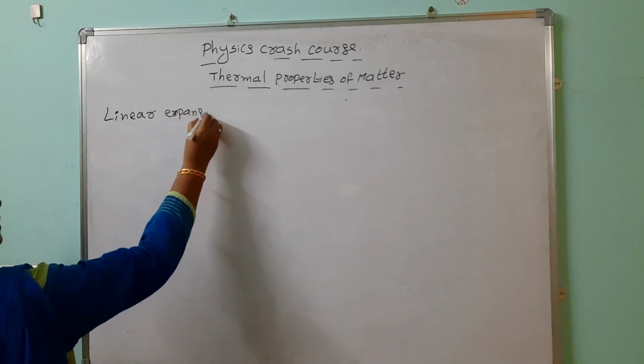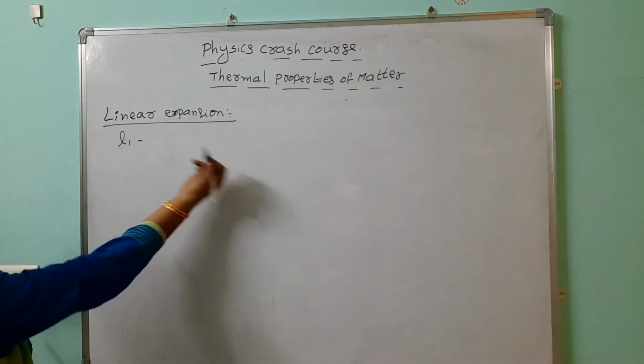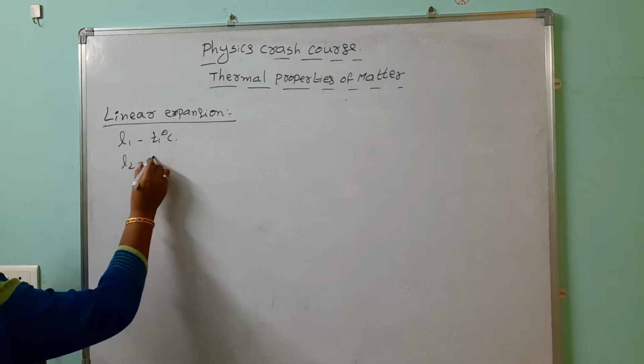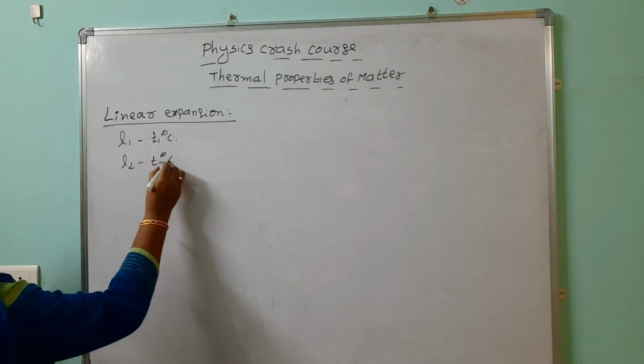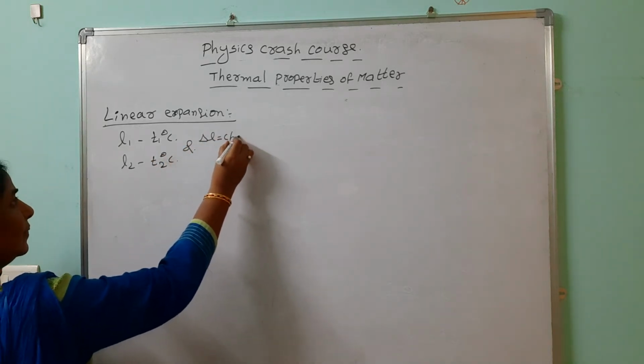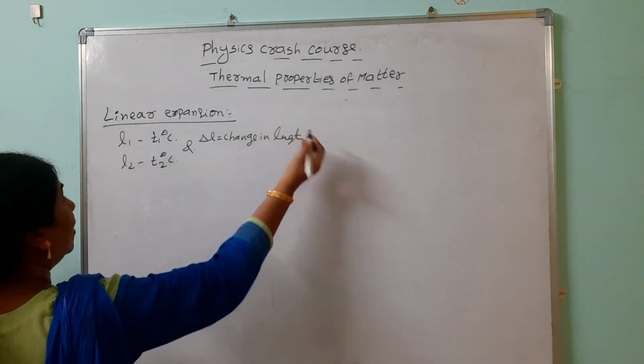Linear expansion. Suppose L1 is the length at T1 degree centigrade, L2 is the length at T2 degree centigrade, and delta L is the change in length. Then how to write this?